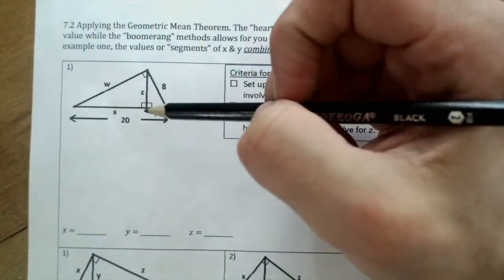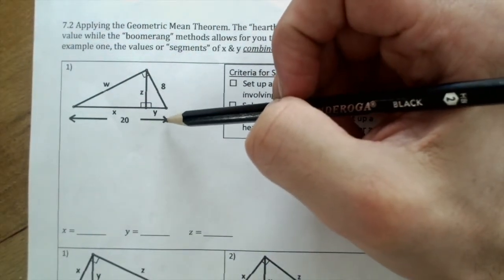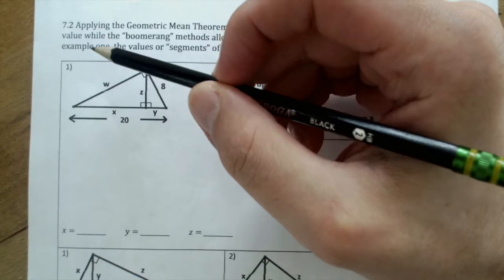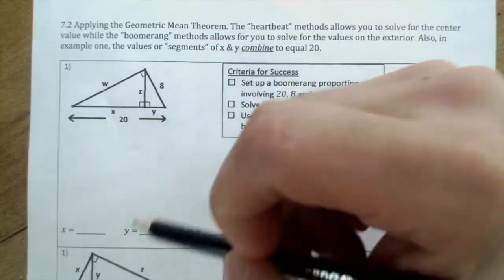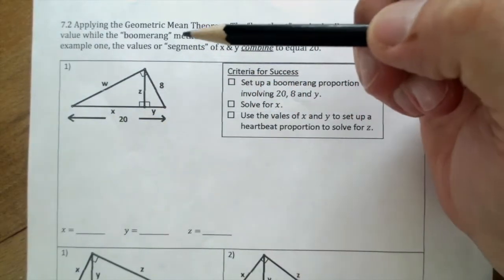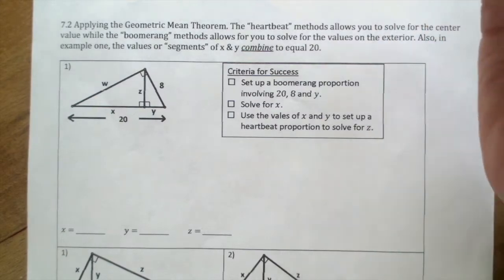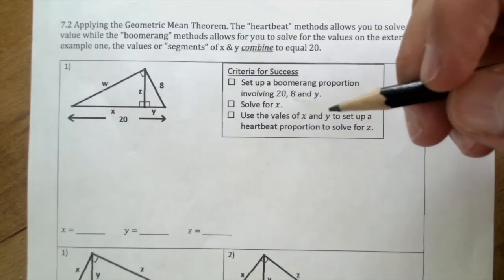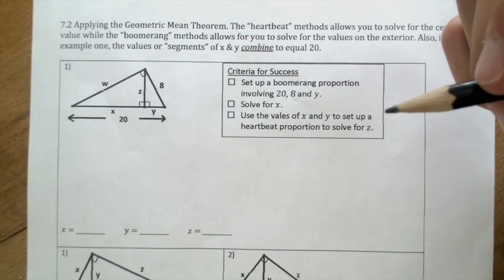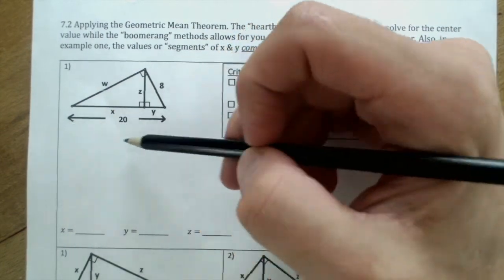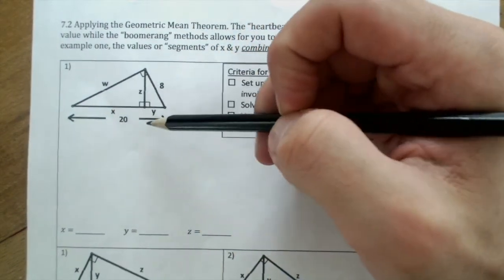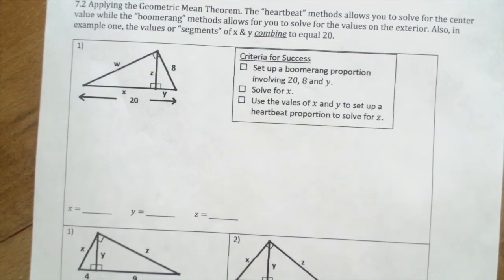If I go to the boomerang method to the left and do 20 over w and then w over x, I'm left with two unknowns, so I can't solve for w and x in the same equation. But if I go 20 over 8 and 8 over y, I'll be able to solve for just plain old y.